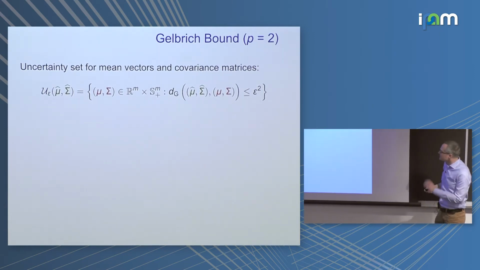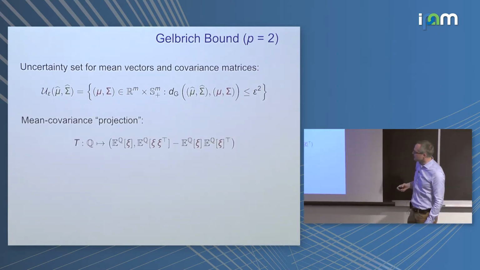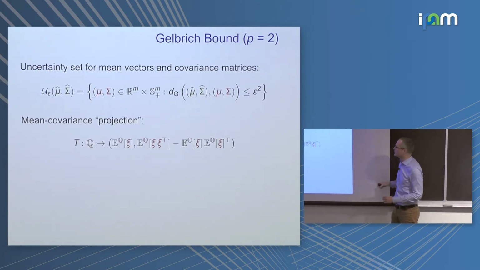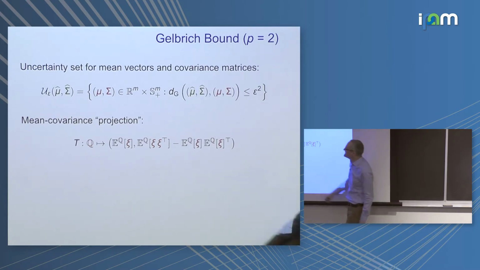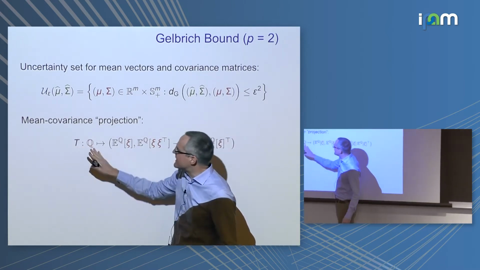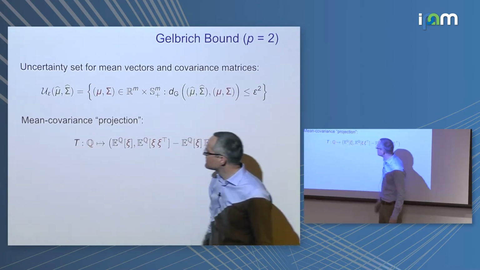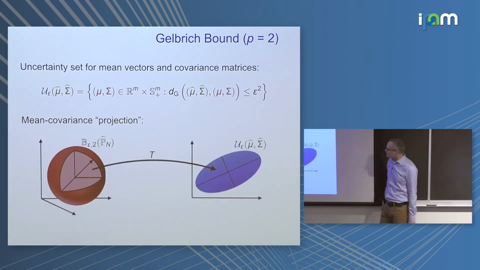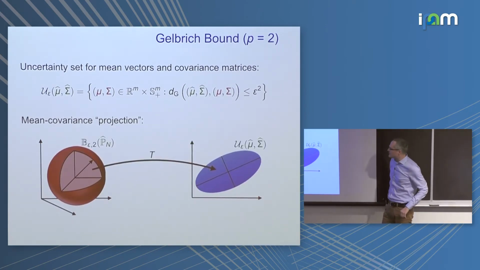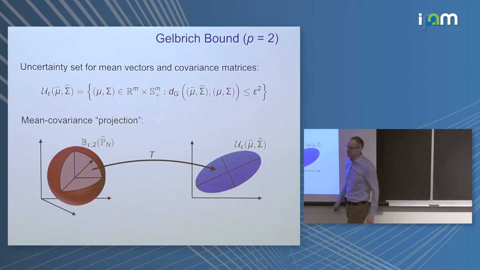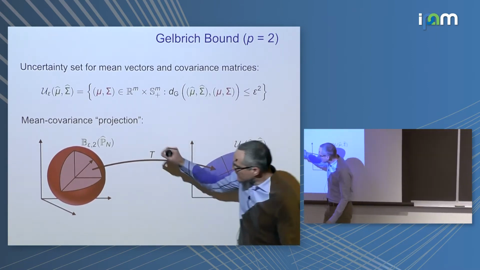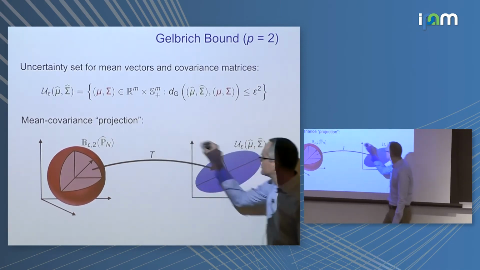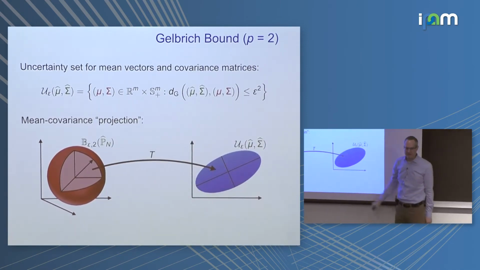Now, this uncertainty set can be used to construct another ambiguity set. To do that, I'm going to denote by T the projection that maps any distribution Q to its mean vector and its covariance matrix. And actually, because of Gelbrich's theorem, this mapping will map any distribution in the type 2 Wasserstein ball to some point in this mean covariance uncertainty set.